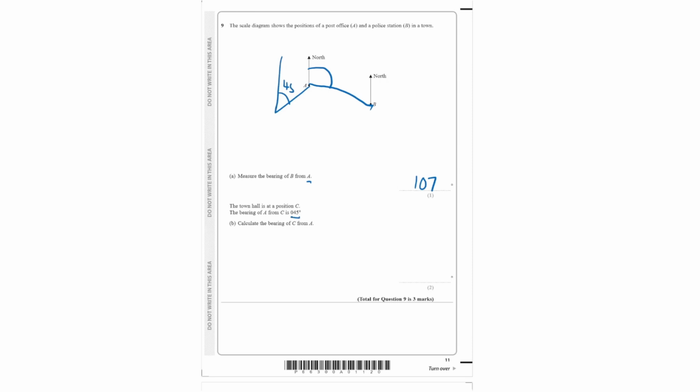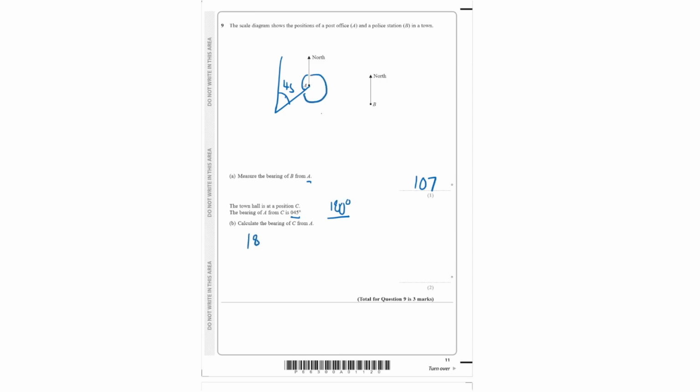Calculate the bearing of C from A. So what it's asking is, what is this angle? We can actually find this out by noticing that if we continue this line, this angle is congruent to this angle. So this is 45 degrees. So that means when a line is 180 degrees, we subtract 45, we can find this angle. And if we can find that angle, we can then subtract it from 360 to find this angle.